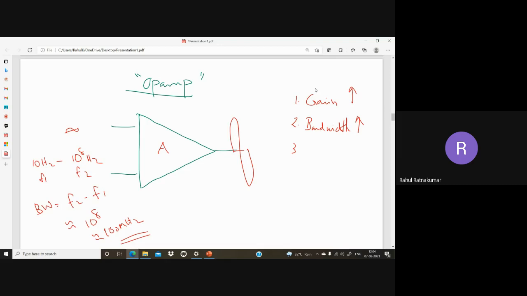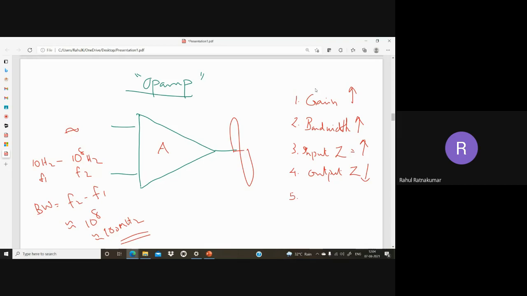Now, what about the third important point which we discuss in an amplifier? Yes, the resistance, input impedance. Input impedance should also be very high, right? We need very high input impedance. And output impedance should be very low, right? What are any other things I require?